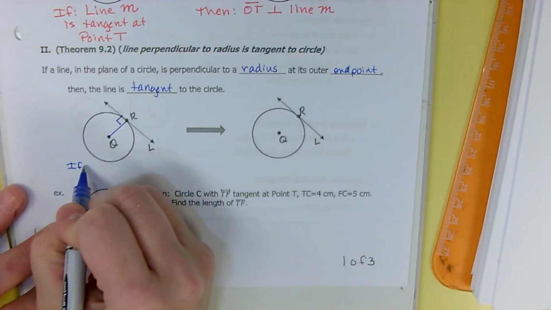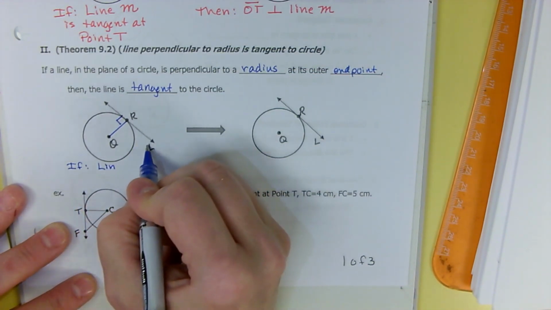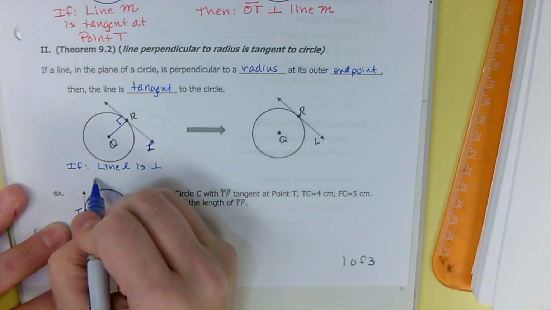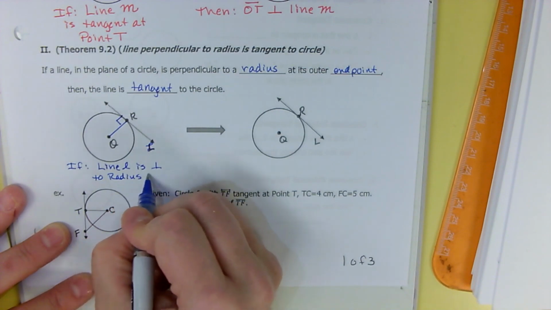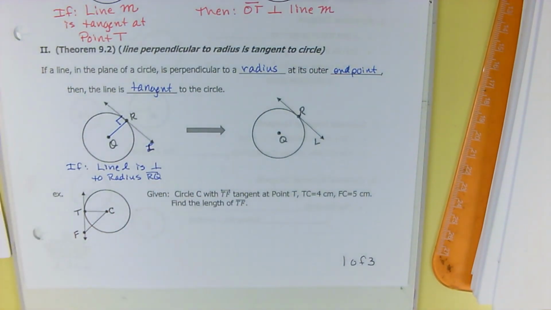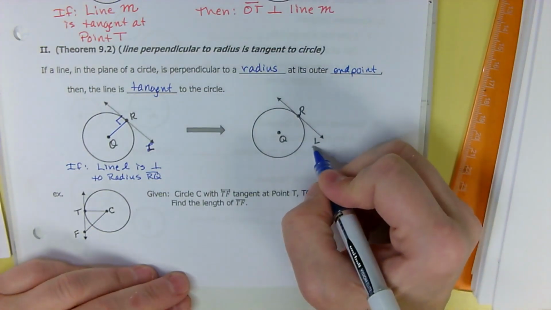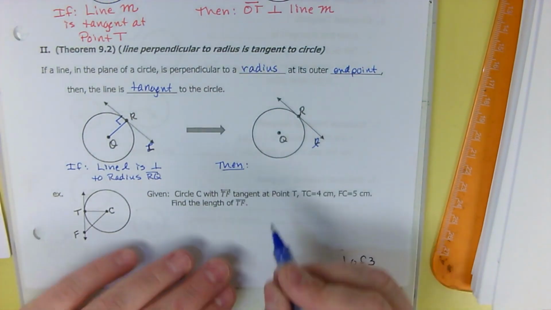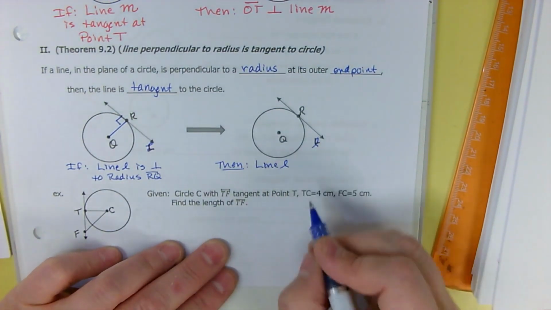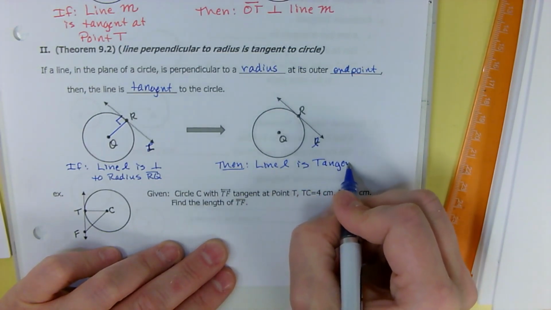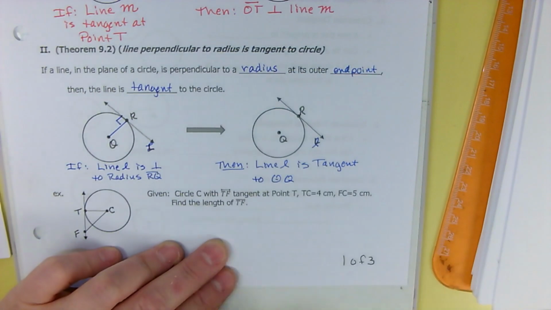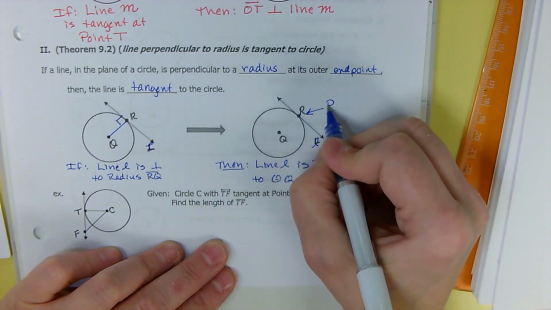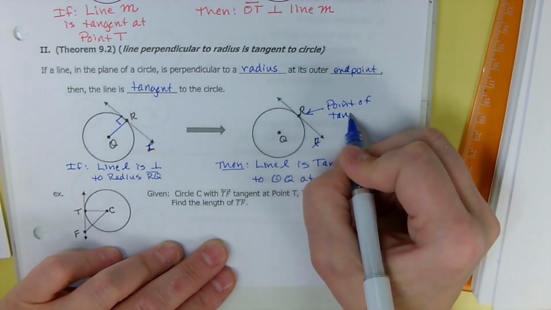So in this one, the if, what you start with: if line, and that should be a cursive L, if line L is perpendicular to radius RQ, then line L is tangent to circle Q at point R. And that is your point of tangency.